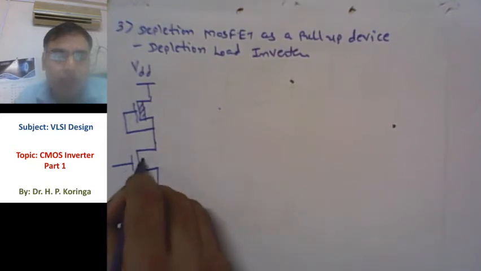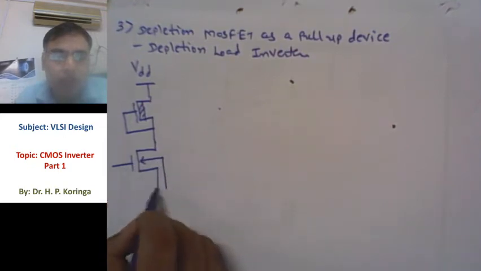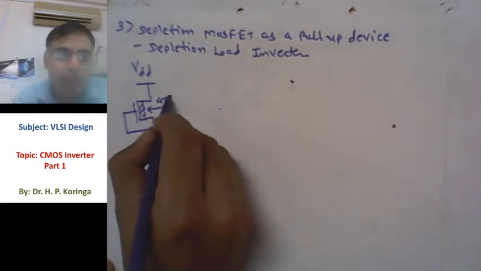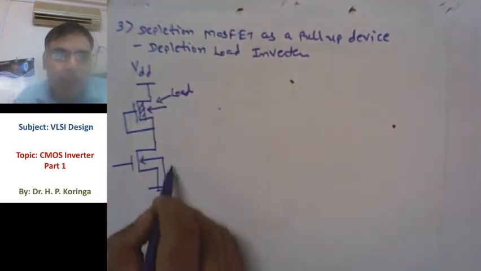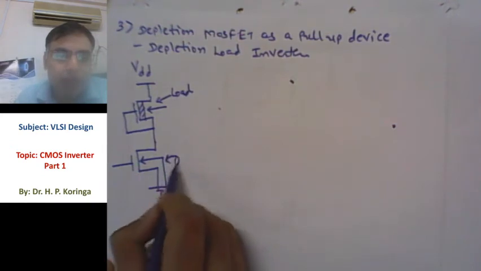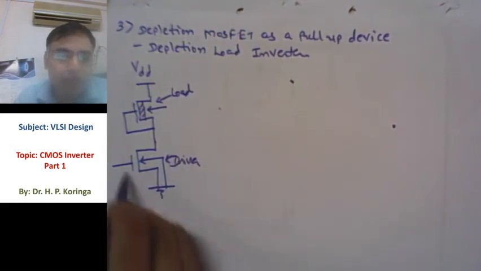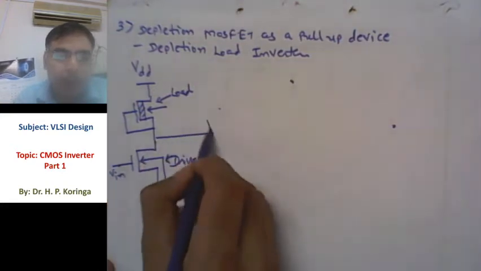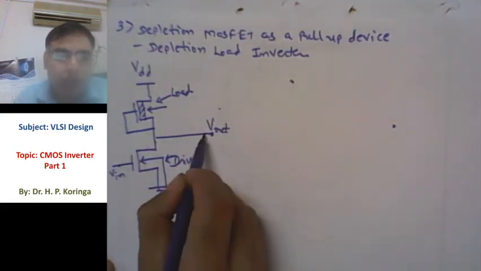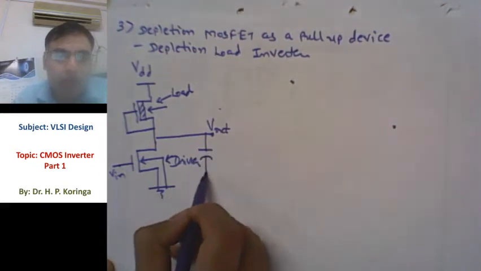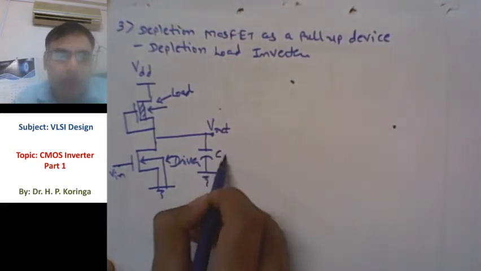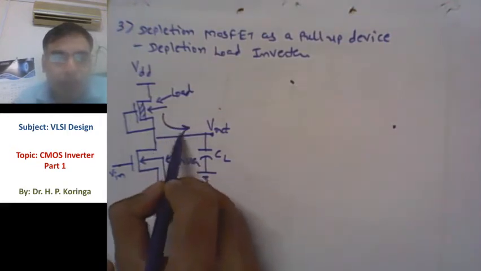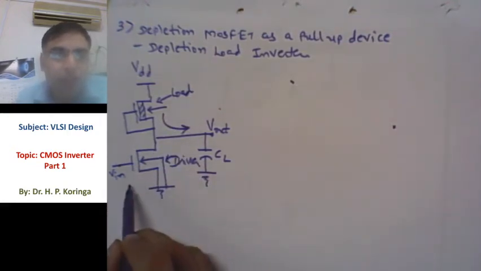So here the load device is a depletion device. This is our load, and the driver device is here, and we have a Vout and the output capacitor across it. So this load capacitor is charged through the pull-up device when input is logic 0.